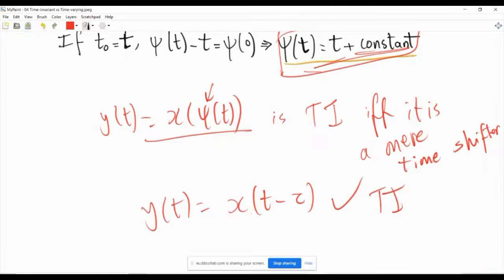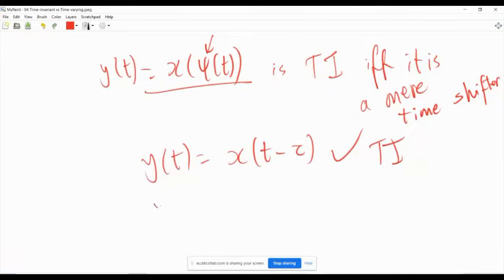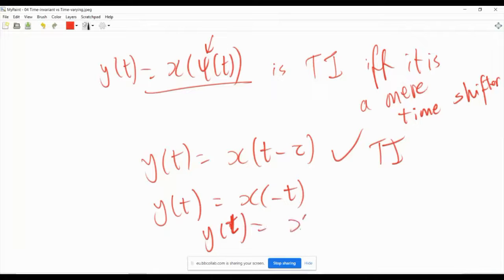But if, for example, y of t is equal to x of minus t, or y of t is equal to x of 2t, so it's time scaling and so on, those are not time invariant systems. Those are time varying.